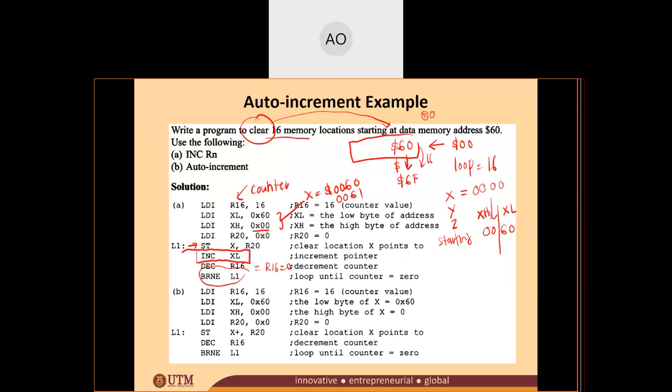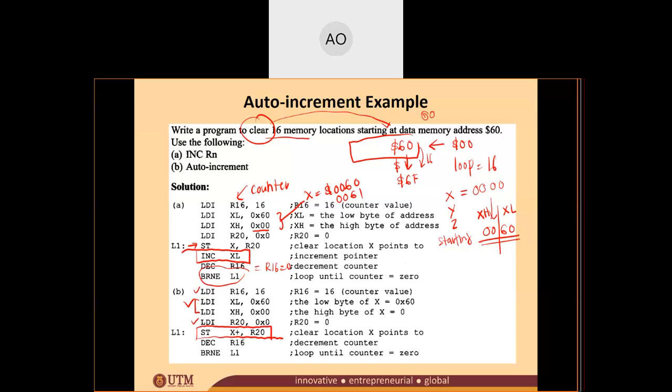Okay, now by using auto increment. This is the same. First you load your counter register, same. Initialize your pointer register so that it points to the starting address, also same. And then load your R20 with 0 so that you have the value 0 inside one of your GPR, also same. The difference is here. You see, ST X plus R20.